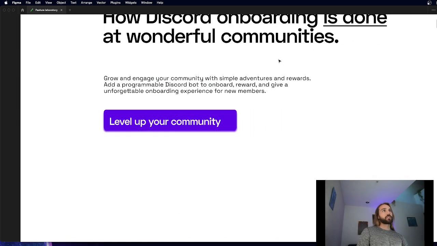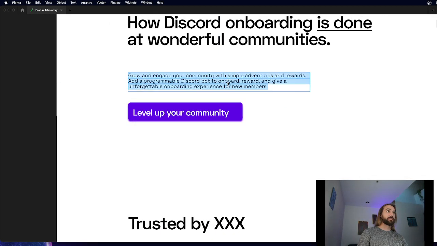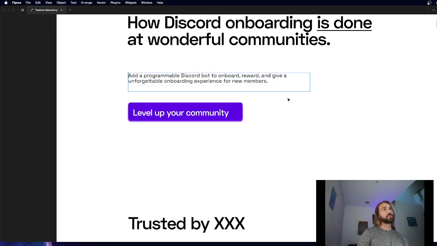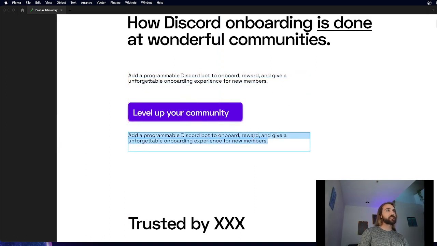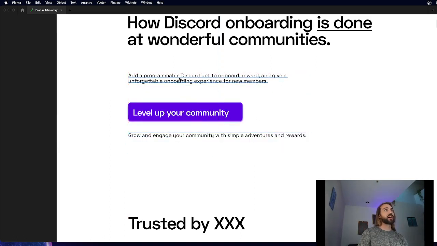So grow and engage your community with simple adventures and rewards. Add a programmable Discord bot to onboard, reward, and give unforgettable experience to new members. Okay. These are like two different ones. I feel like this one has a nice unforgettable onboarding experience. Add a programmable Discord bot to onboard, reward, and give an unforgettable onboarding experience.